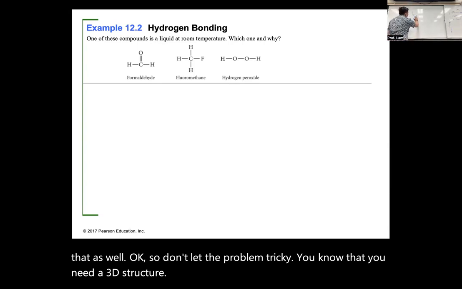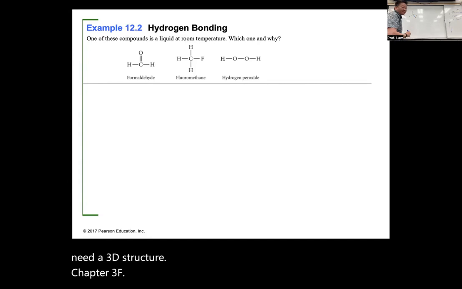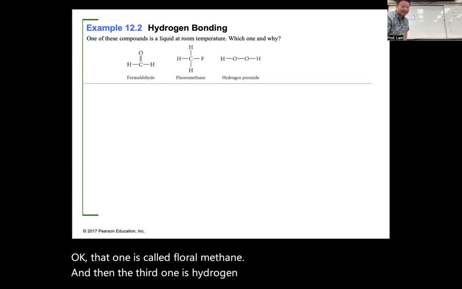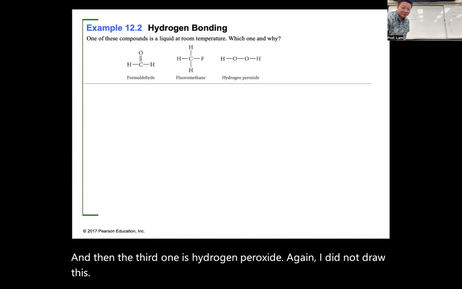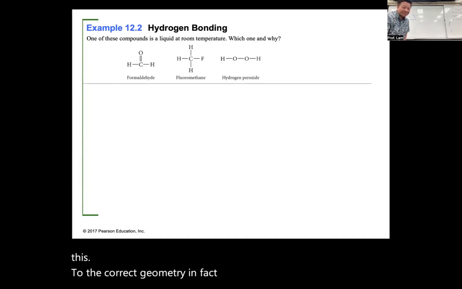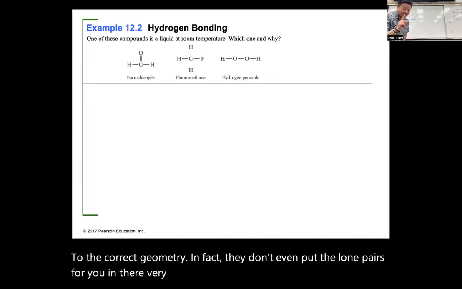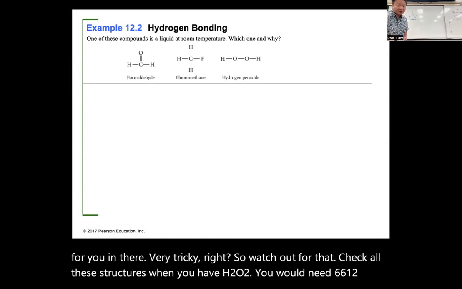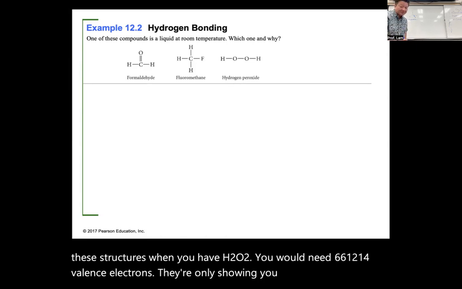Oh, CH3F. Okay, that one is called fluoromethane. And then the third one is hydrogen peroxide. Again, I did not draw this to the correct geometry. In fact, they don't even put the lone pairs for you in there. Very tricky, right? So watch out for that. Check all these structures. If you have H2O2, you need 6, 6, 12, 14 valence electrons. They're only showing you 6, right?